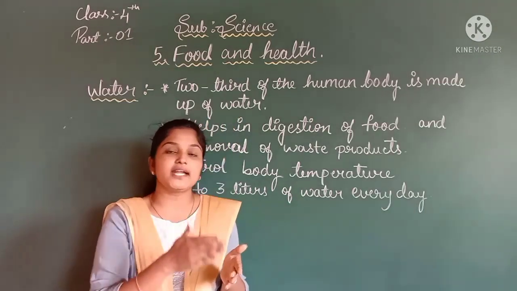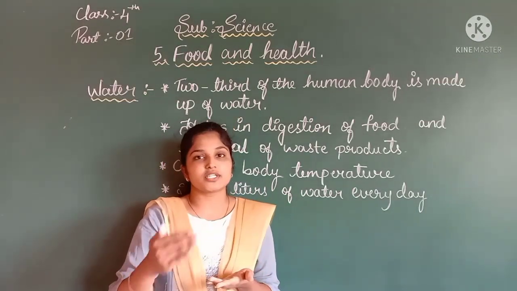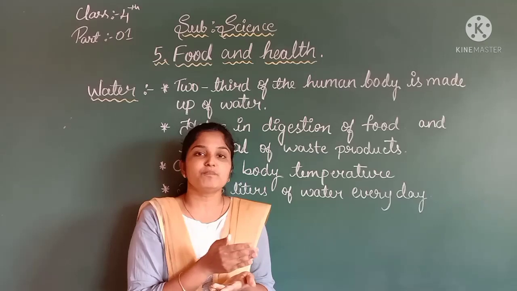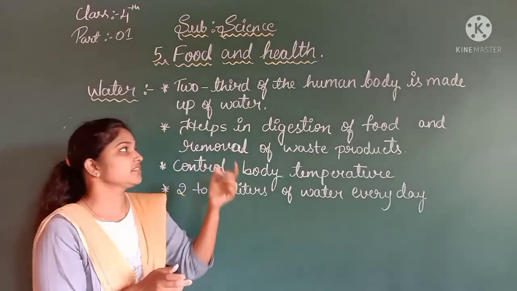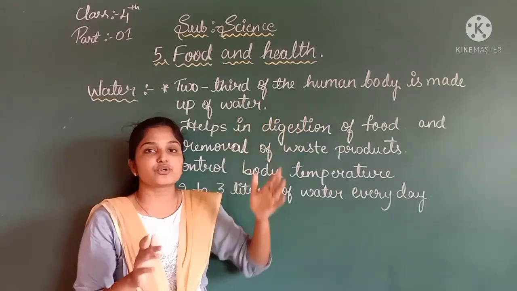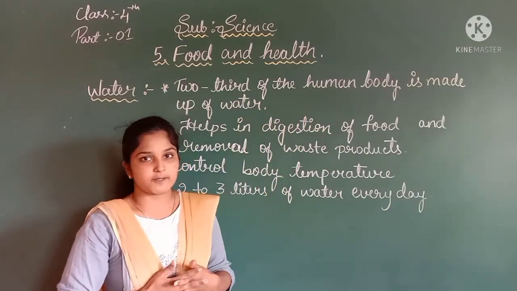If we divide the human body into 3 parts, 2 parts are made up of water. So 2/3 of the human body is made up of water.